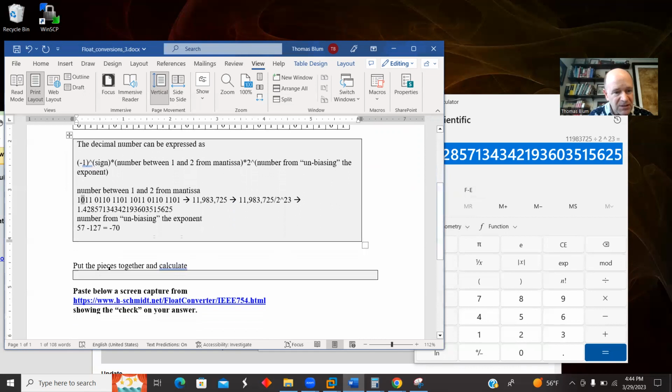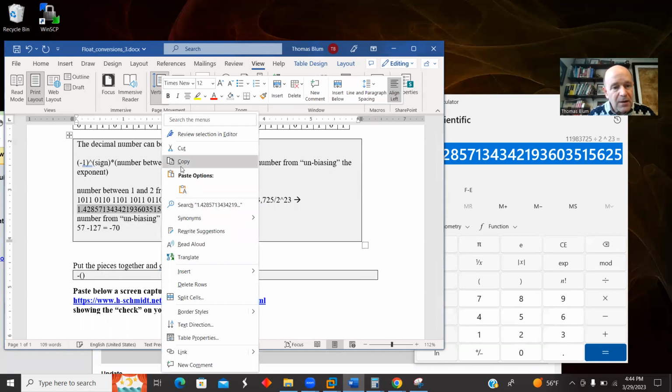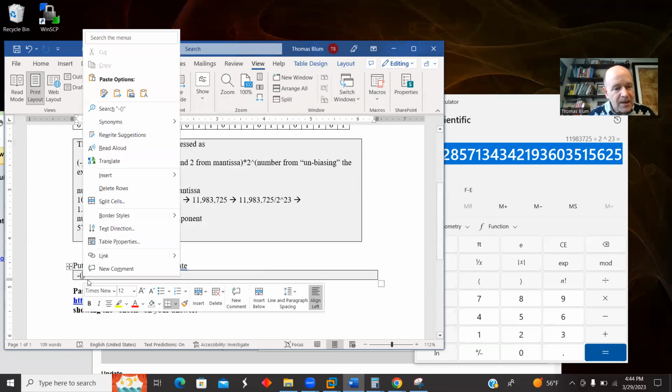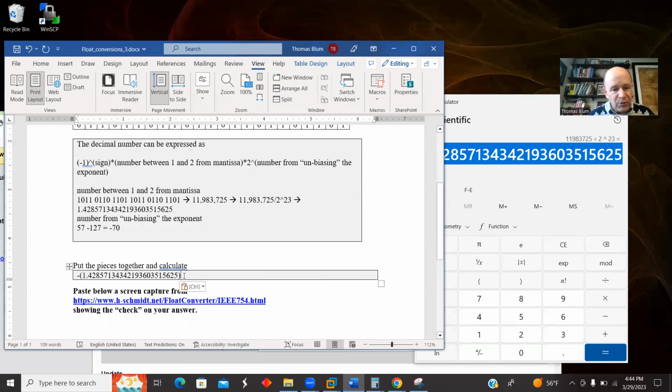Now I just put the pieces together. Overall, it was a negative number, so I'll put that in. Then I'm going to put in this number between 1 and 2 that I just got, and then multiply it. I'll just use an asterisk, times 2 raised to the, this is -70, so I'll use parentheses there, -70.